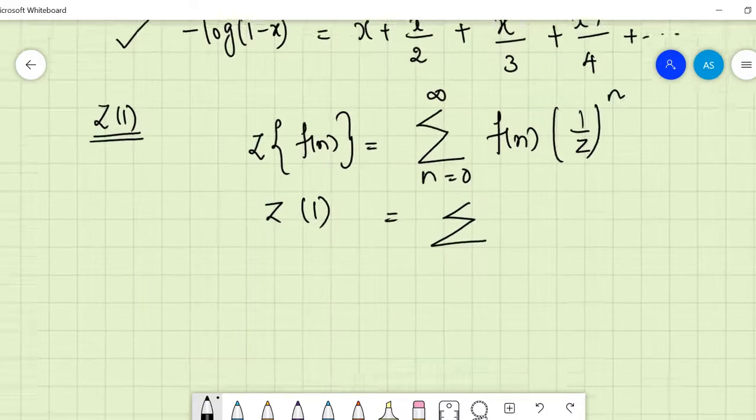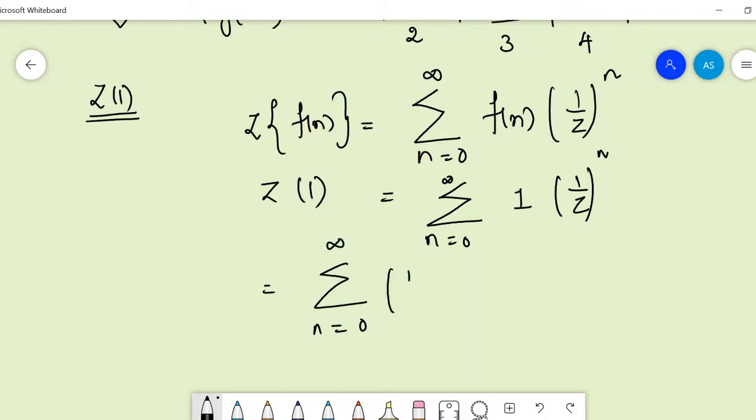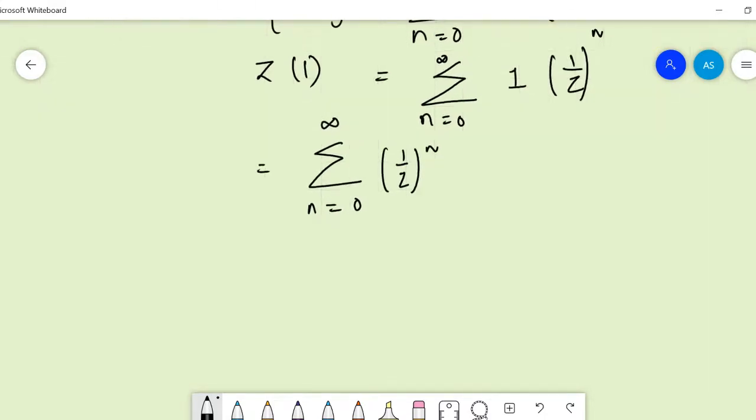So summation n ranges from 0 to infinity 1 by z whole power n. Now expand this expression where n starts from 0 to infinity. 1 by z whole power 0, 1 by z, you have to give the values for n starting from 0.